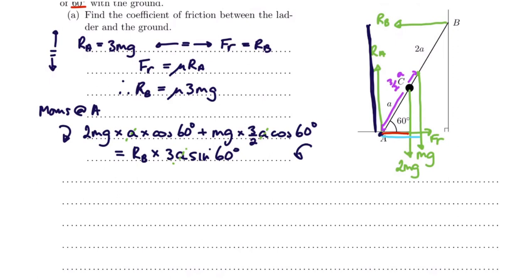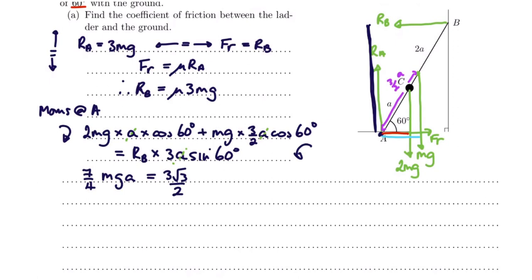Then if you work out what your cos 60 is, when you simplify this you end up with 7/4 mg equals 3√3/2.